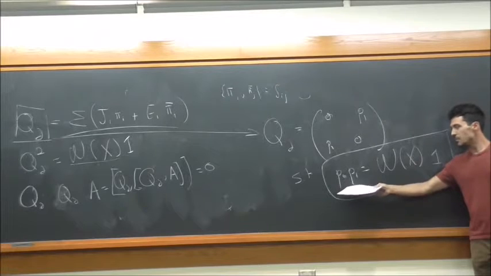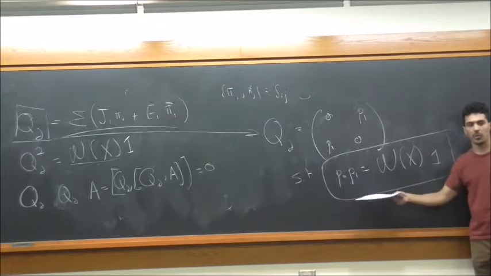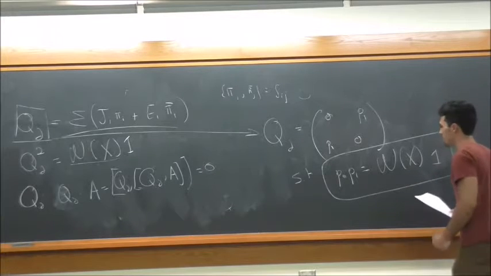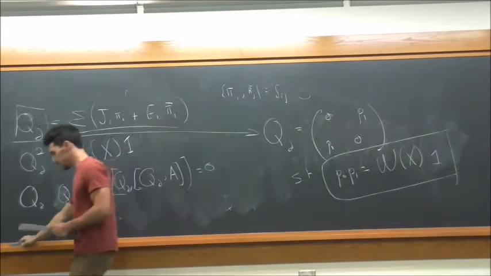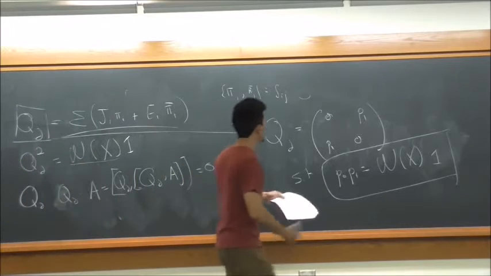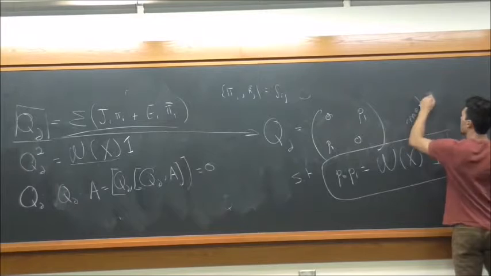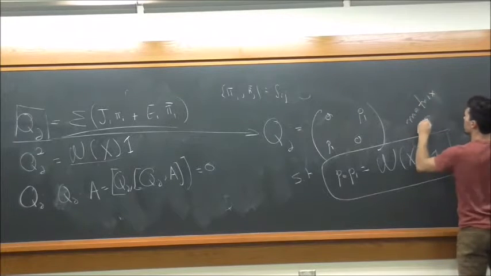The entries in these matrices are polynomials in the chiral superfields. This is called a matrix factorization.